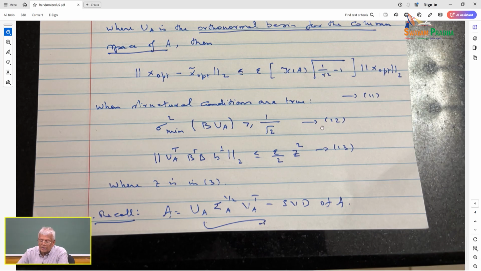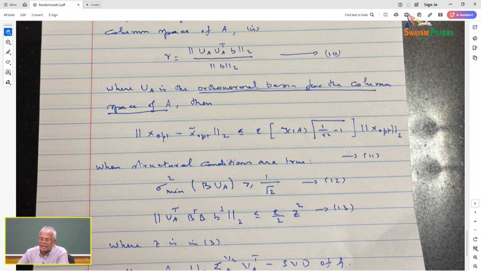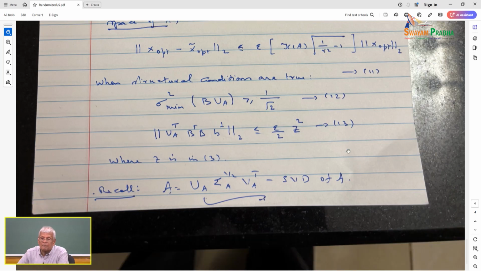So, under the condition 11 and under the conditions 12 and 13, we can readily prove claims 9 and 11, where gamma is defined to be a ratio in between 0 and 1, and again Z is the optimum value of the residual.